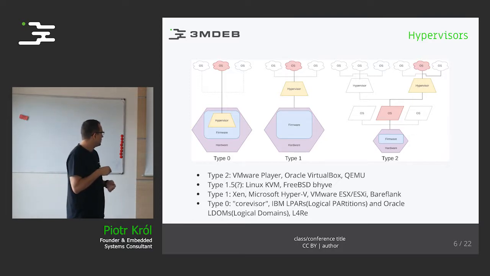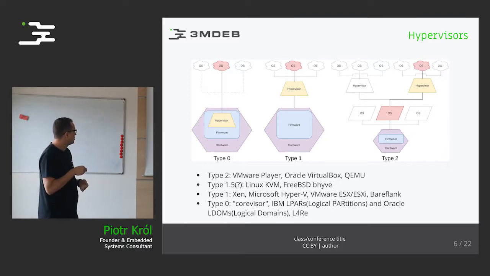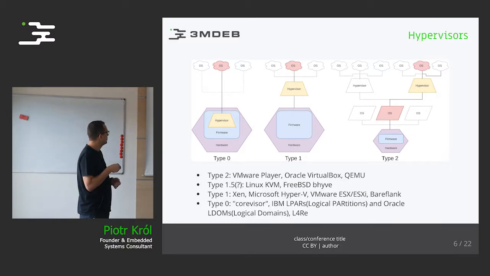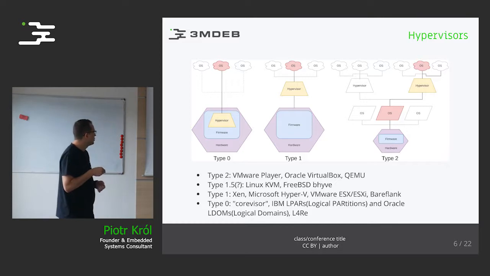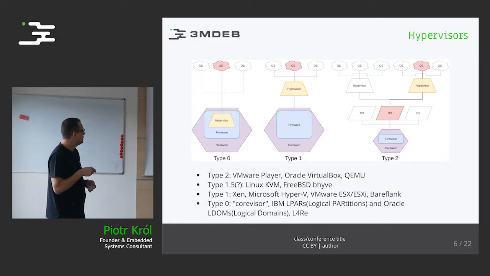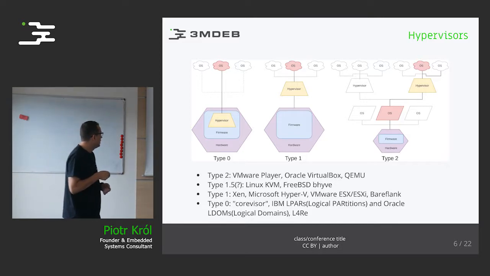Type 1 is a hypervisor which starts after firmware, and it's not part of the firmware. For example, type 1 is Xen or Microsoft Hyper-V and others. And then we have type 2, which starts inside the operating system.